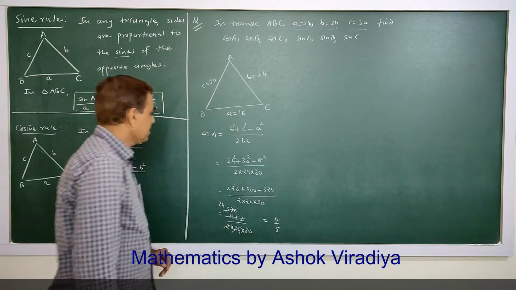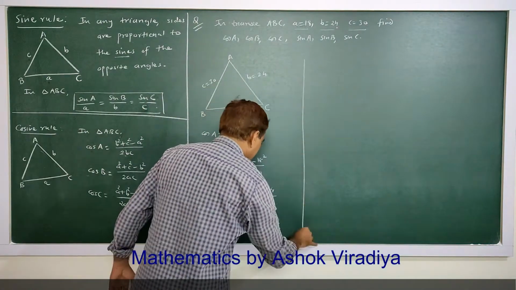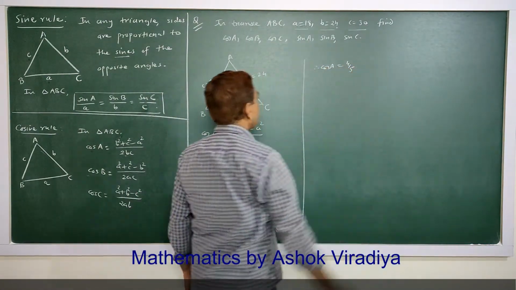So cosine A is 4 by 5. Therefore cosine A is equal to 4 by 5.